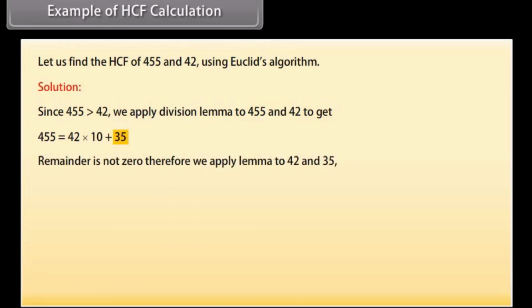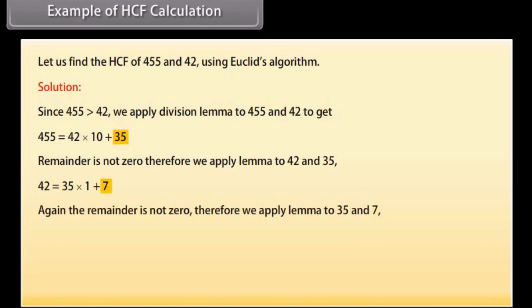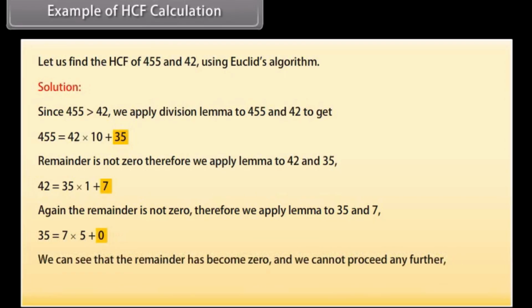The remainder is not 0, therefore we apply the lemma to 42 and 35. 42 is equal to 35 into 1 plus 7. Again, the remainder is not 0, therefore we apply the lemma to 35 and 7. 35 is equal to 7 into 5 plus 0. We can see that the remainder has become 0 and we cannot proceed any further. Therefore, the HCF of 455 and 42 is the divisor at this stage.